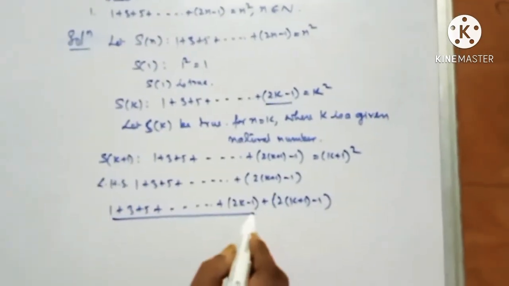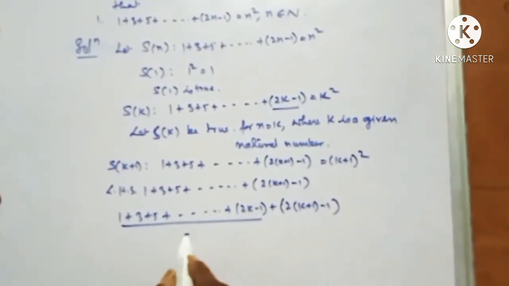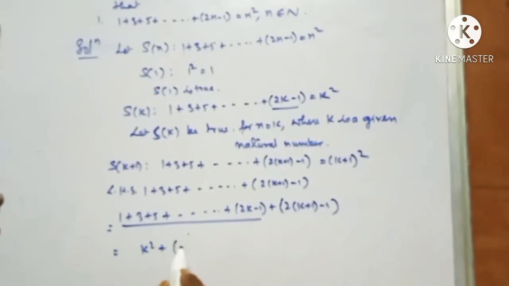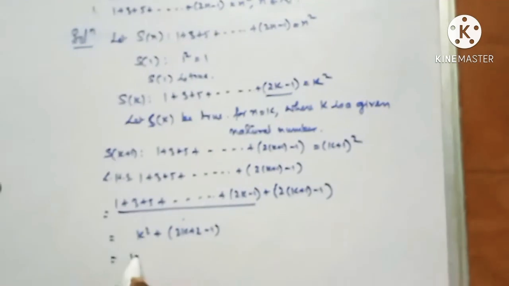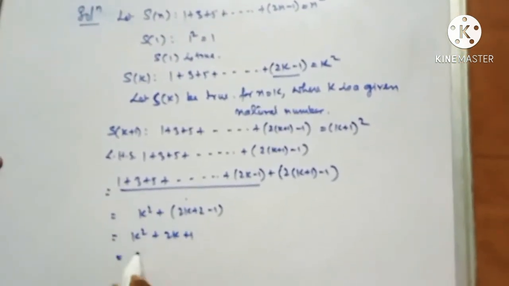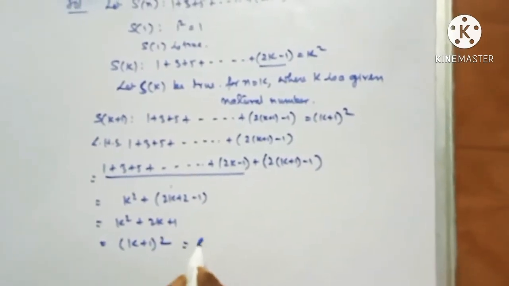Now this value we know is k square, so this will be k square plus 2k plus 2 minus 1, so k square plus 2k plus 1, and this is k plus 1 the whole square. This is equal to the right hand side.